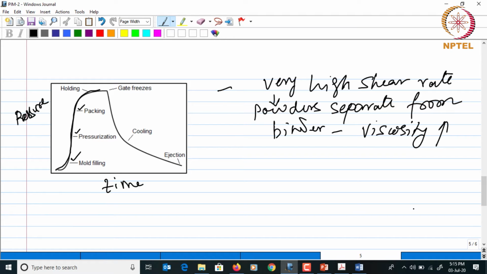So this again shows you the same cycle that we have discussed before.